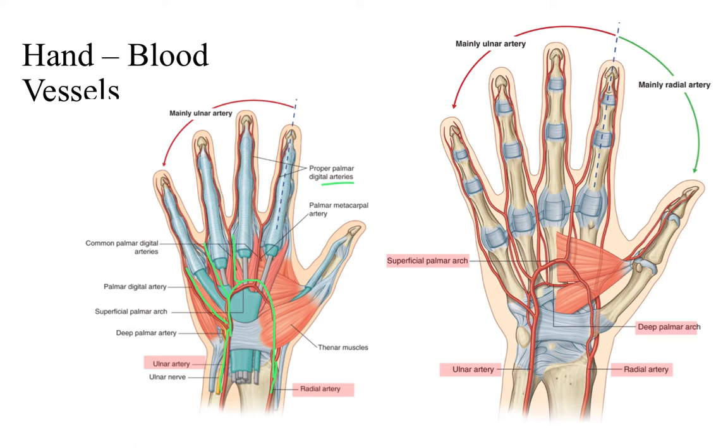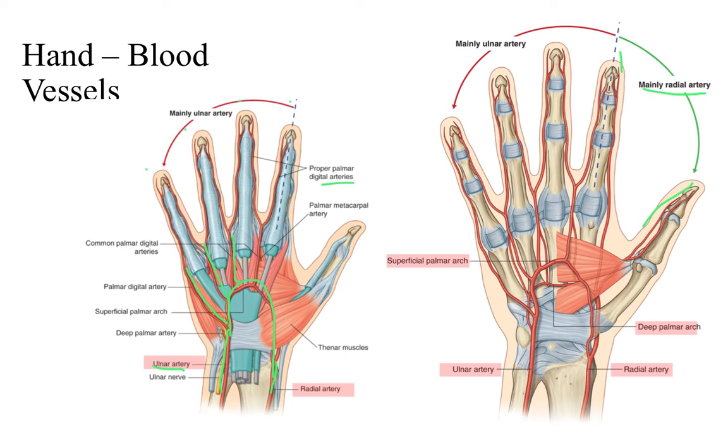If you look at this picture here, it's mainly the ulnar artery that supplies digit 5, 4, 3, and half of digit 2. Then it would be mainly the radial artery that would supply the other half of digit 2 as well as digit 1, or the thumb.